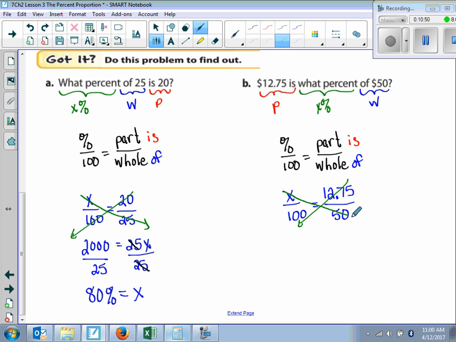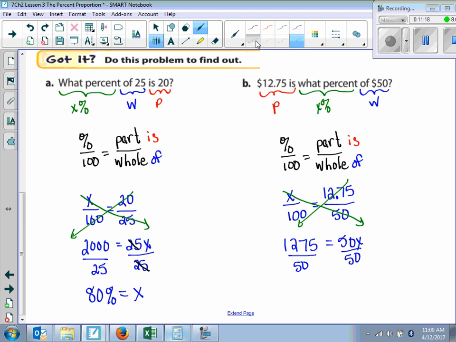And once again, I like to follow the arrows. So $12.75 times 100 is? 1,275. Good. We didn't even need a calculator for that, did we? Is equal to 50 times x, which is 50x. Perfect.